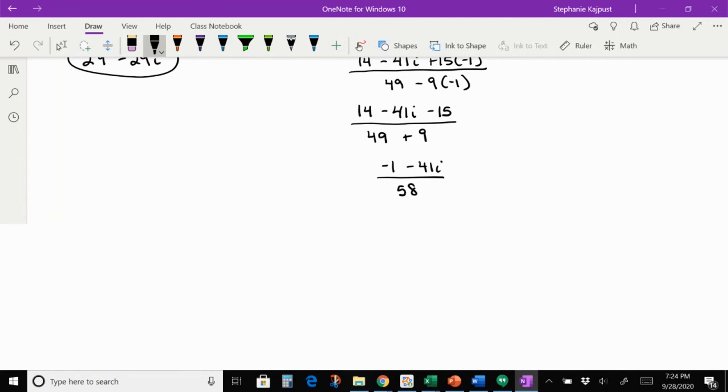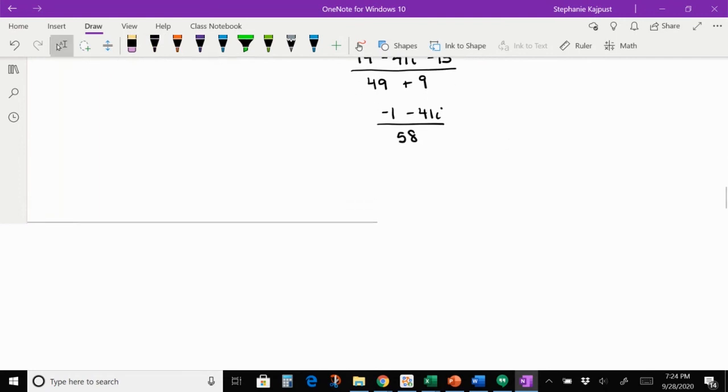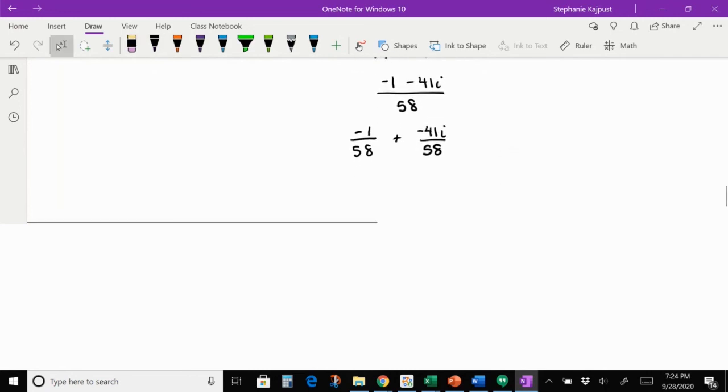We want to write it in what's called standard form, where you have the a and the b parts separated. You don't have a single fraction here. To do that, all you do is take each thing on the top of the fraction and write it over the denominator, and then simplify it if possible.